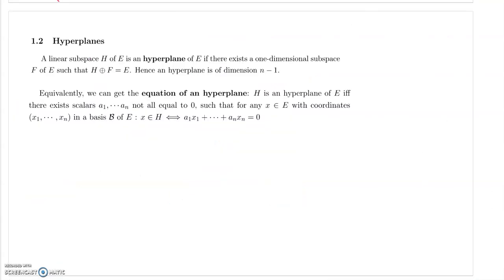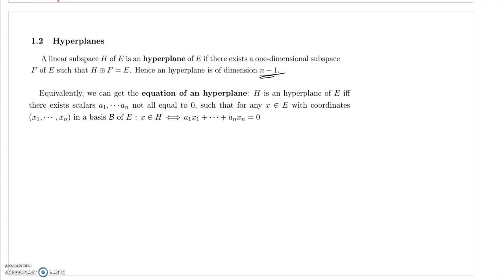Next comes a reminder about hyperplanes. We've talked about hyperplanes briefly in tutorial. It's just the idea that if you're in dimension n, a hyperplane is going to be any n-1 dimensional linear subspace.